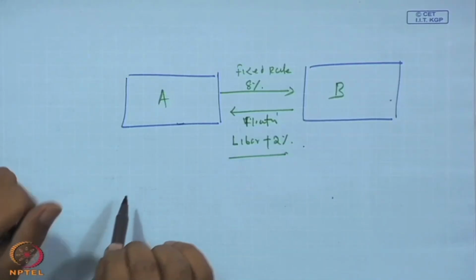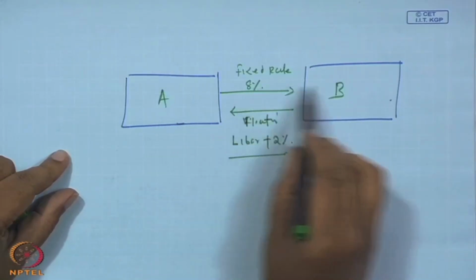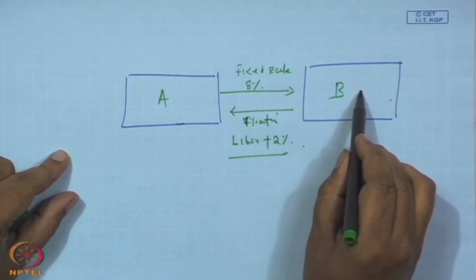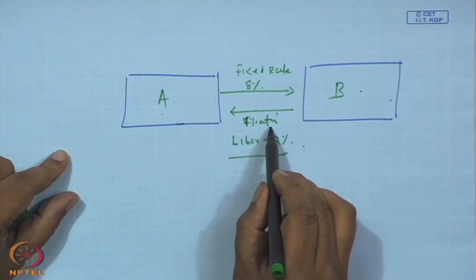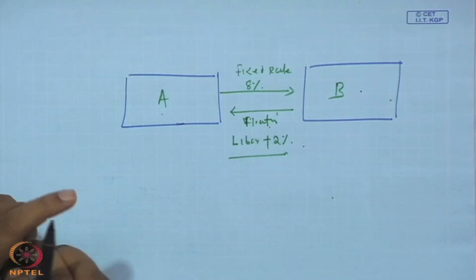In the transaction, company A gives 8% fixed interest rate to company B, and company B provides a floating interest rate, that is LIBOR plus 2%.